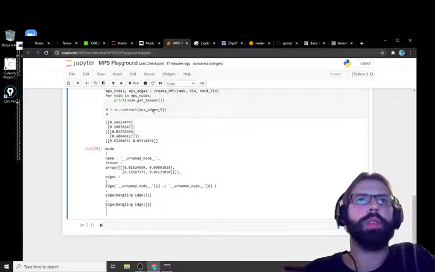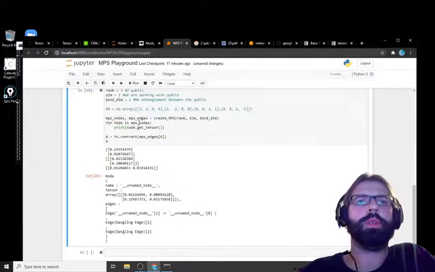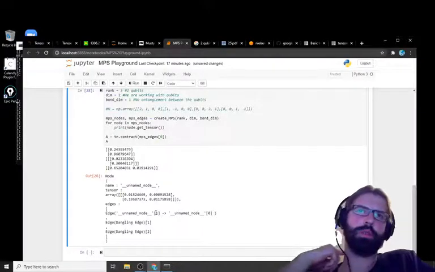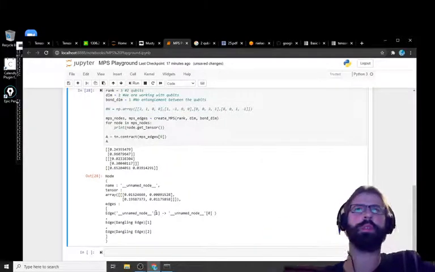Now, what is the result of it? It's 2 by 2? So it's a 2 qubit. Is it?